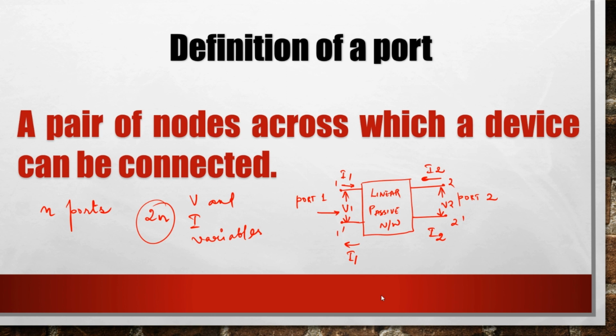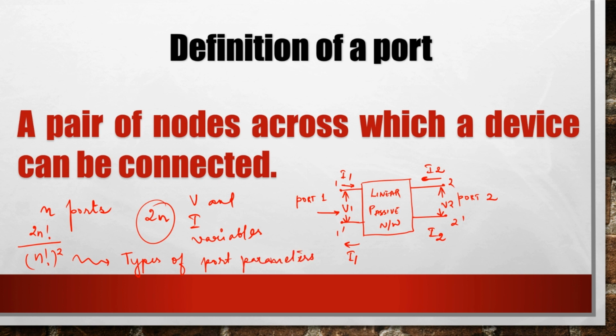So you can have different permutations and combinations, and therefore for an n port network, we will get (2n)! by (n!)² possible ways of arranging these V and I variables, and therefore these become the types of port parameters.